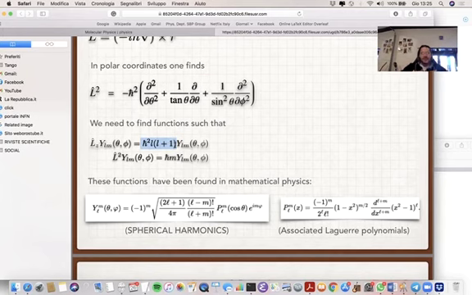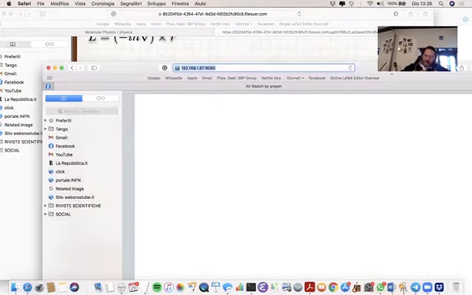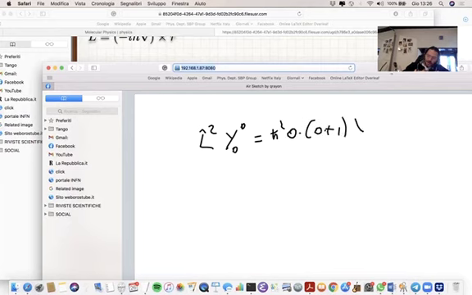I can do this in the most trivial case, the case in which Y, L and M are 0, just to convince you. In this case, it all amounts to saying that L squared of Y 0,0 is, I expect, h bar squared 0 times 0 plus 1, Y 0, in other words, to be 0.